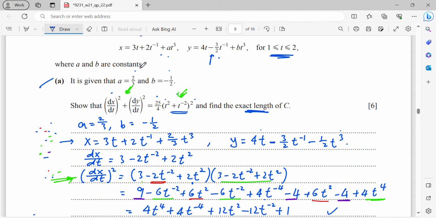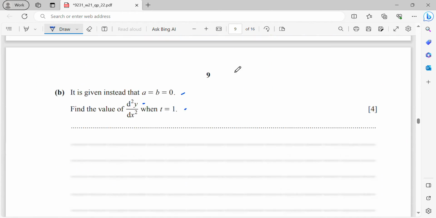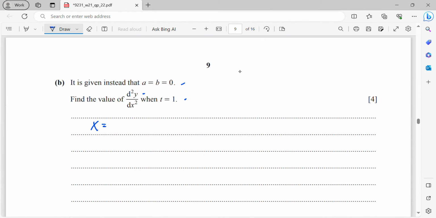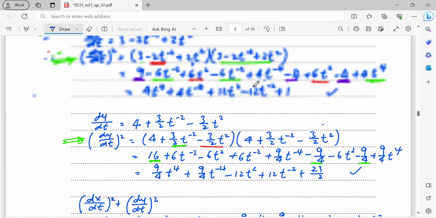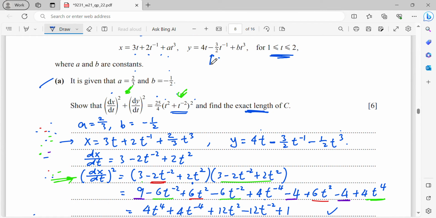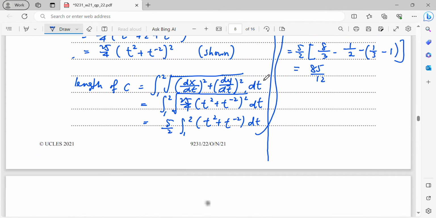So my x is 3t plus 2t to the power of negative 1. That is my x. Then the y is 4t minus 3 over 2t to the power of negative 1 because B equals 0.